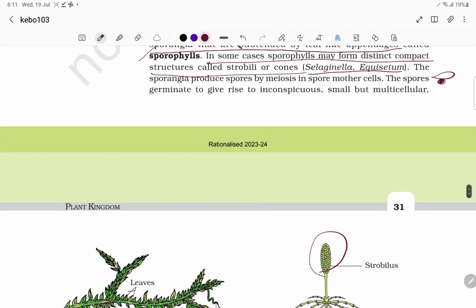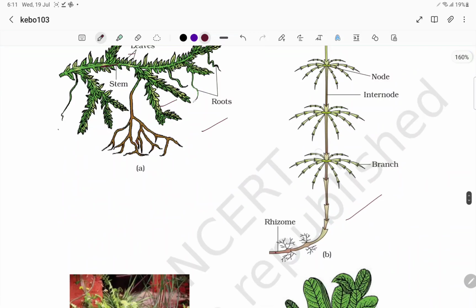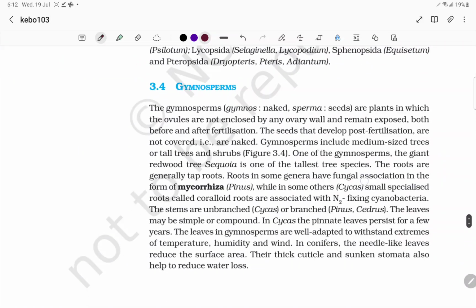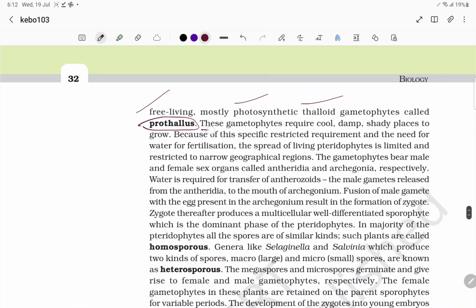The spores germinate to give rise to an inconspicuous, small but multicellular, free living, mostly photosynthetic thalloid gametophyte called the prothallus. These gametophytes require cool, damp, shady places to grow.